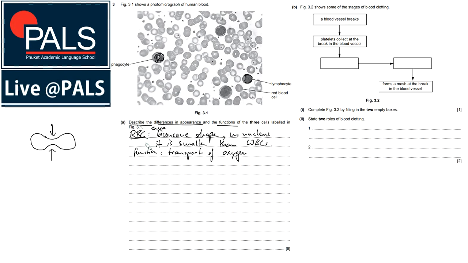Then we have the phagocyte. So we already mentioned that it has a lobed nucleus and its function is phagocytosis of, for example, pathogens.